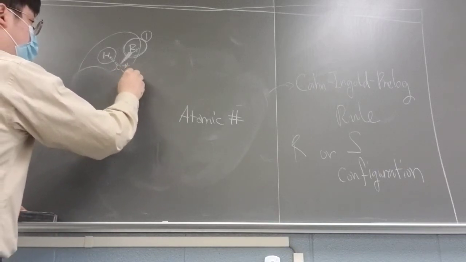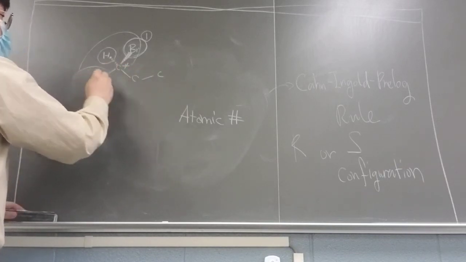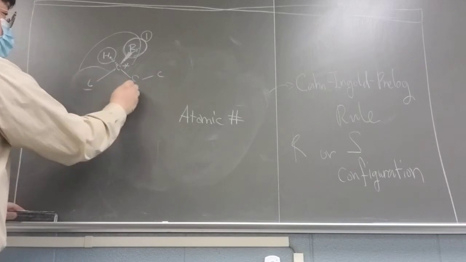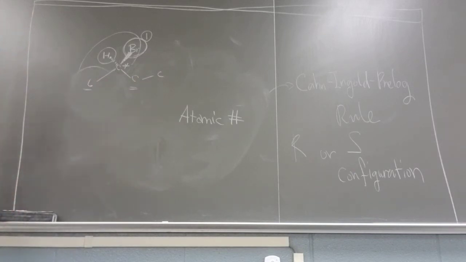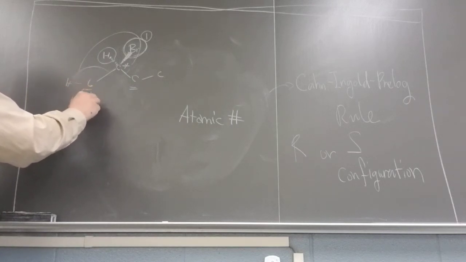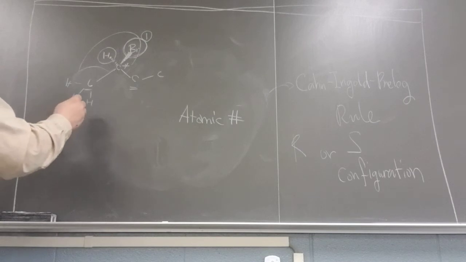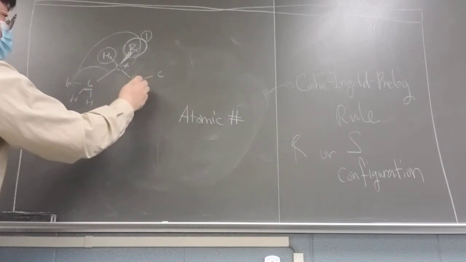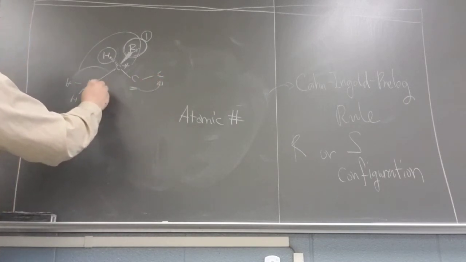Now the problem here is that those 2 groups are tied in atomic number because they're both carbon, right? In this case, what you need to do is go further from there. This is a tie here, so now we're going to go to the next ones.